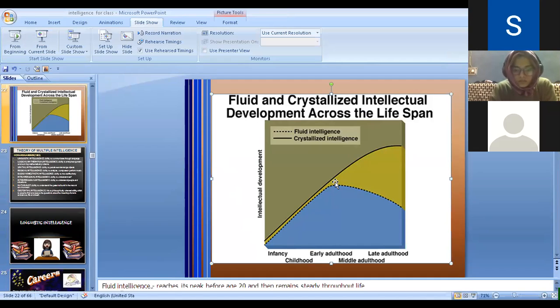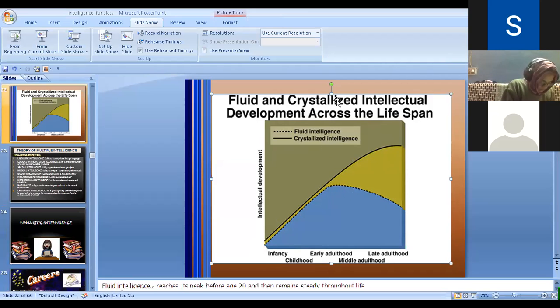After you cross around 35 or so, your fluid intelligence starts dropping down. But crystallized intelligence is low in the beginning, and it keeps on increasing till the end of your life. So crystallized intelligence keeps on growing, whereas fluid intelligence drops down.